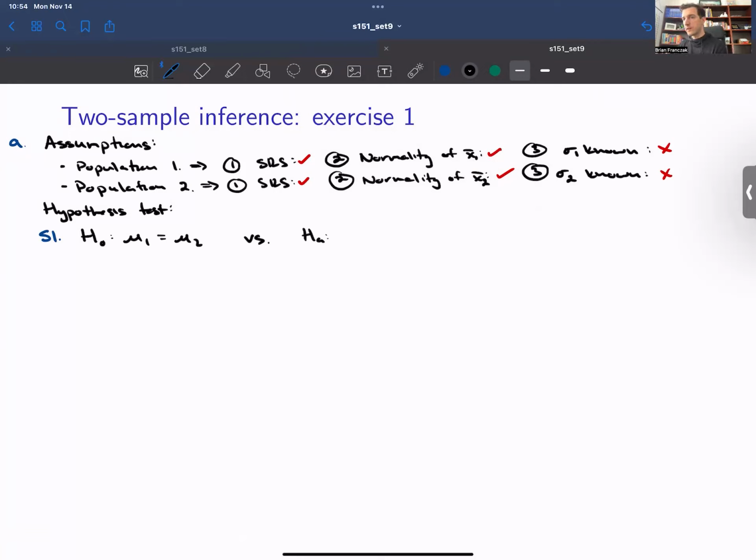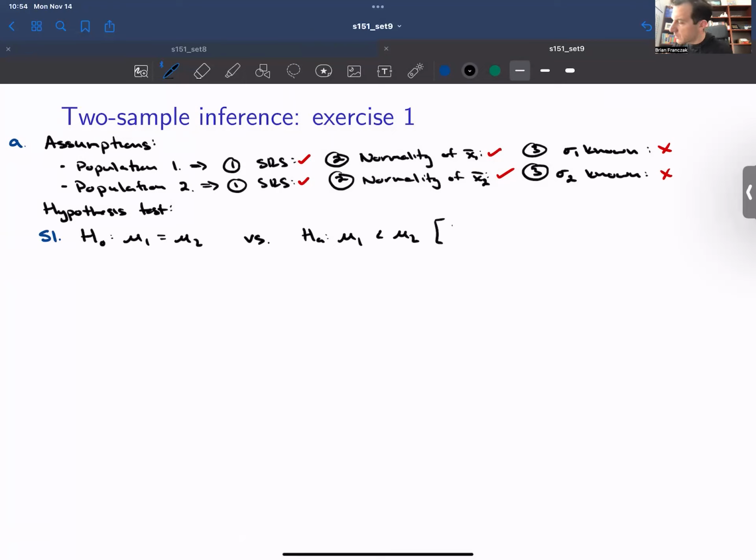Now for the alternative, because we are comparing two values, we can actually write the alternative in either direction. So let's say we take it exactly as it's written. So we're going to write mu1 less than mu2.